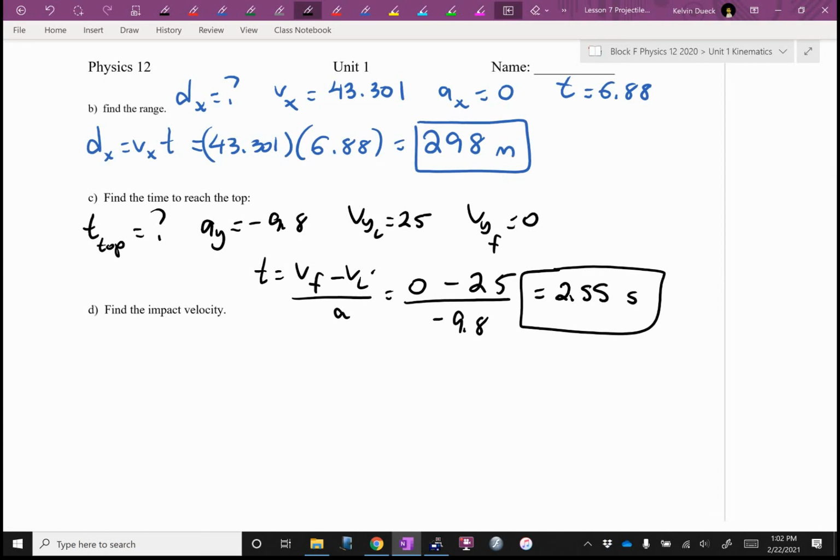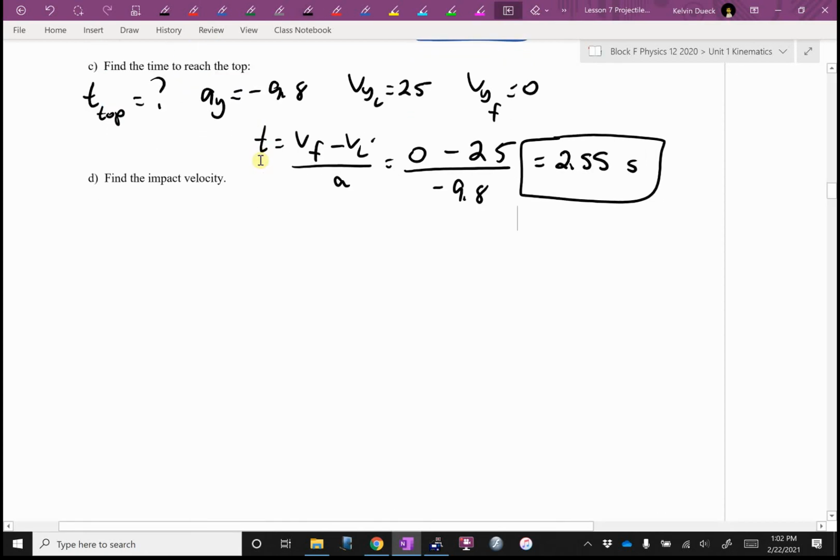But you know what? I'm going to argue, Austin, that I can draw it. I think the impact velocity looks something like that. It hits the ground. It might be steeper. It might be shallower. But I'm telling you, it hits the ground at an angle.